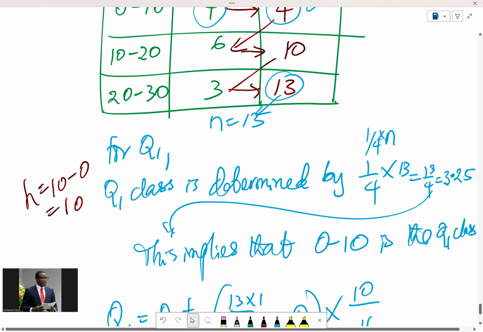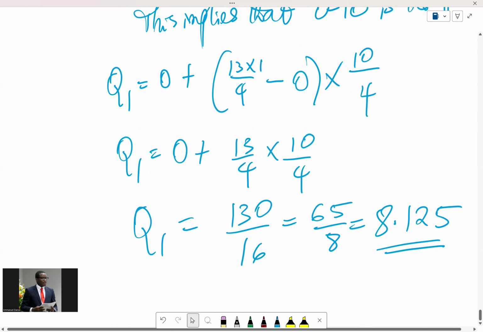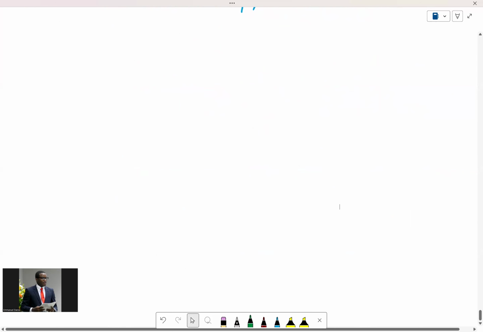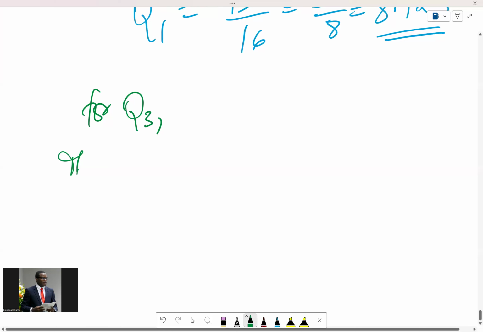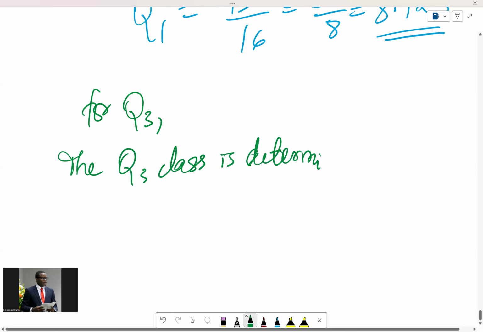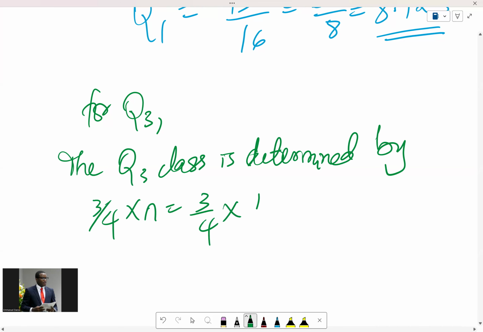Q3 is the third quartile. So again, for Q3, the Q3 class is determined by 3 over 4 times n, which is 3 over 4 times 13.